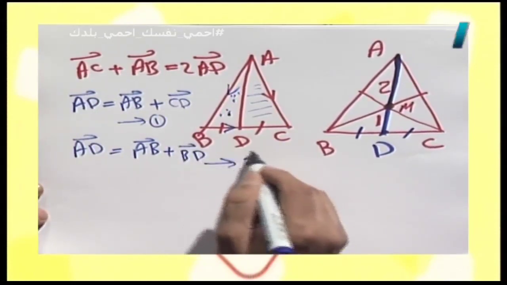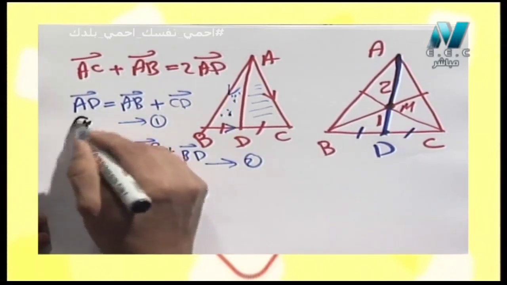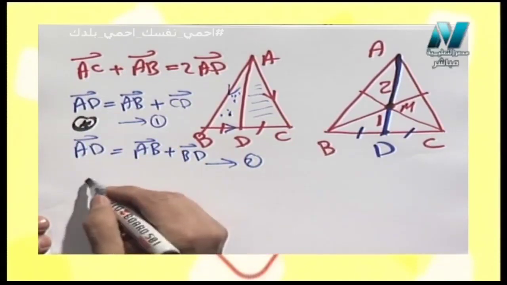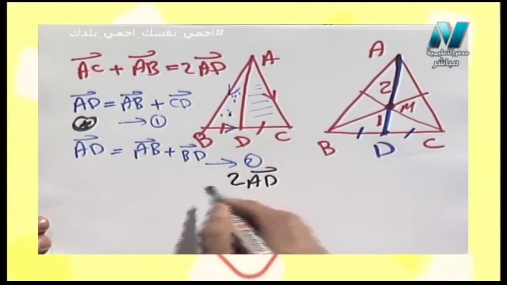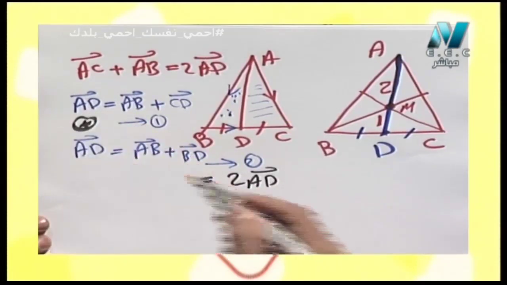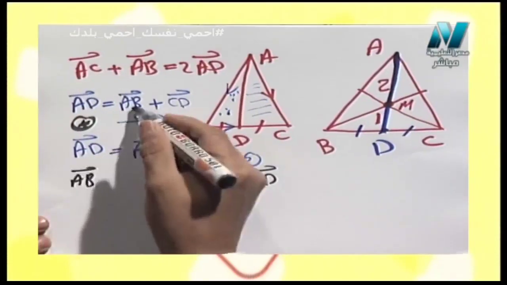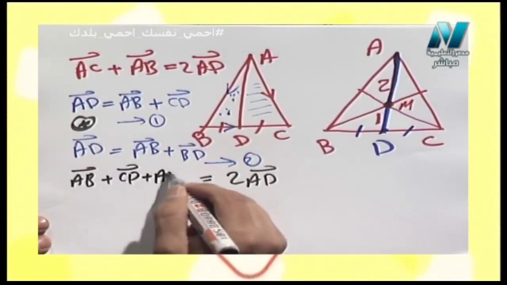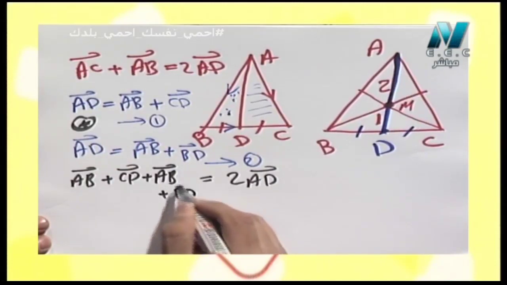And this is equation number 2. By adding these two equations, we will find that AD multiplied by 2, because AD plus AD equals 2AD, equals the vector AC plus the vector CD, plus the vector AB, plus the vector BD.